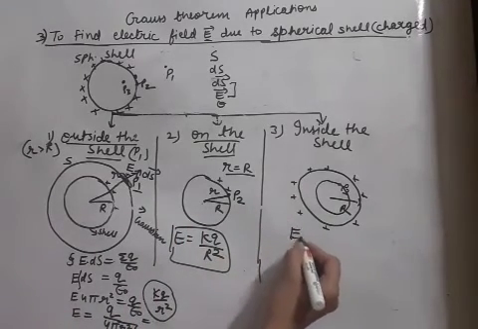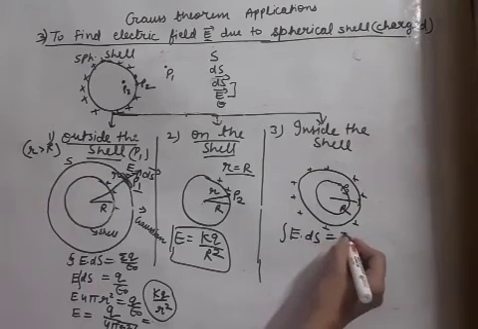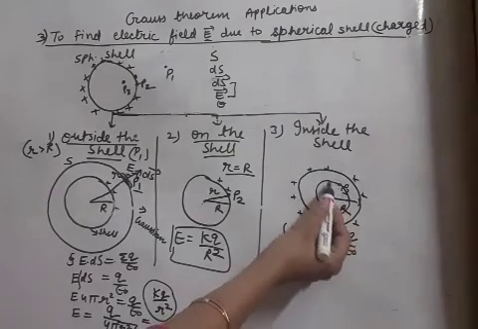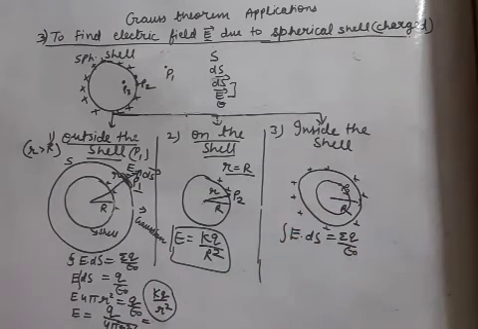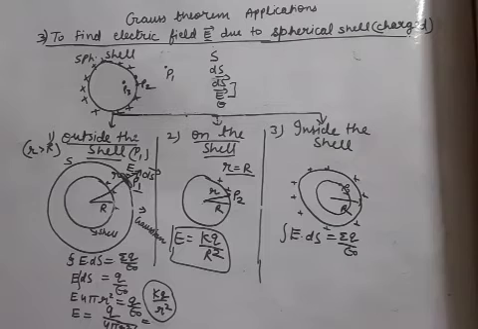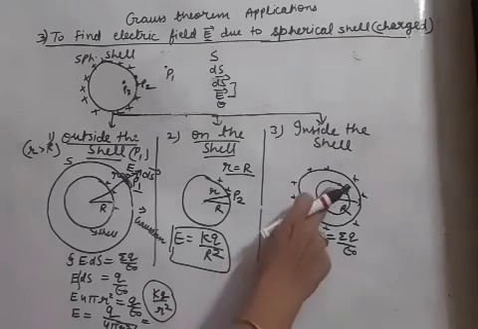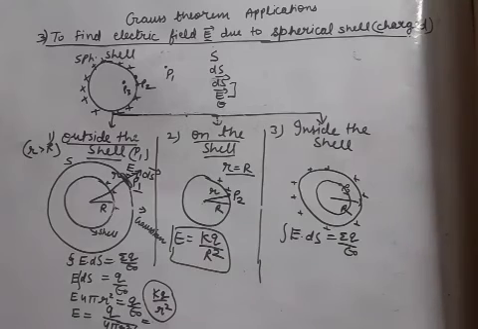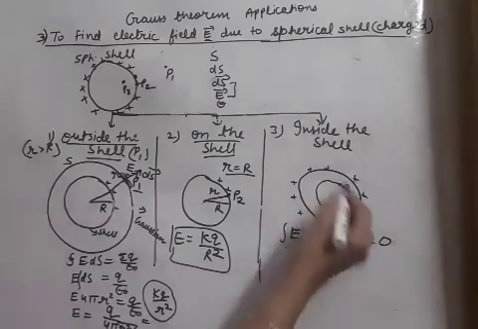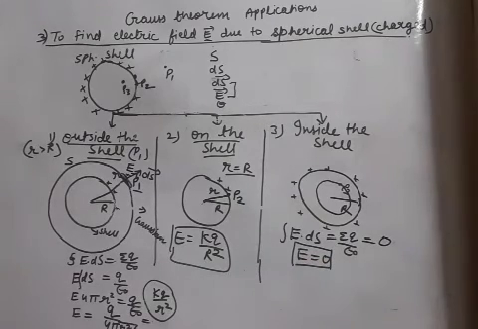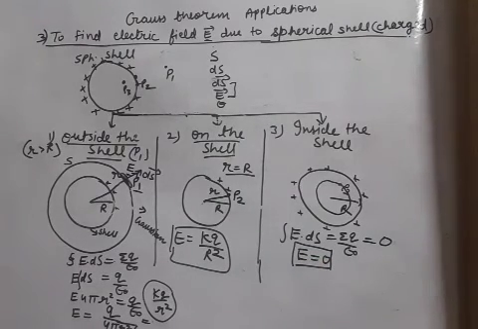Now, as we apply the Gauss theorem, is there any charge enclosed by this surface? That means, is there any charge present inside this surface? So answer is no. That means no charge is here present, because all the charge is only on the surface of the shell. So because the charge enclosed is 0, that's why the electric field is also 0. So the electric field inside the shell is 0.